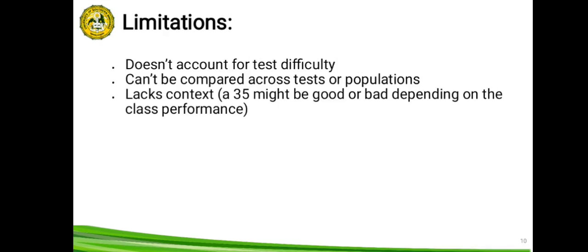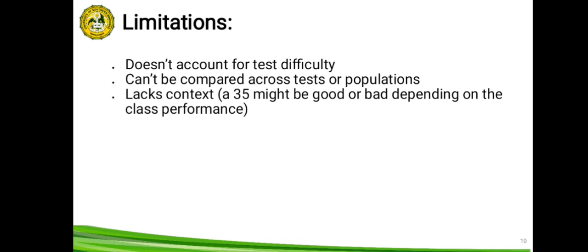And here's the limitation of raw score. Number 1, it doesn't account for test difficulty, can't be compared across tests or populations, and lacks context. For example, a 35 might be good or bad depending on the class performance.